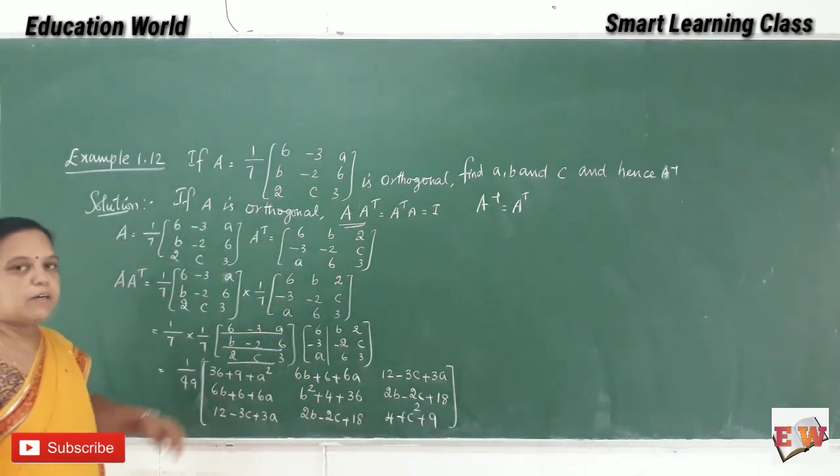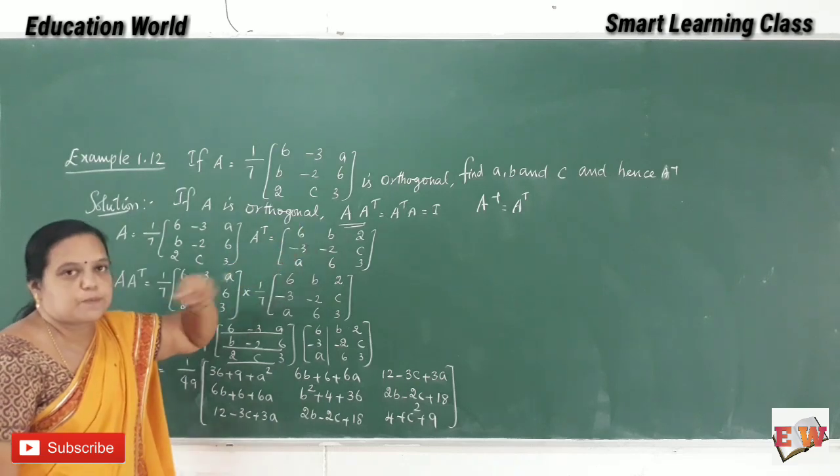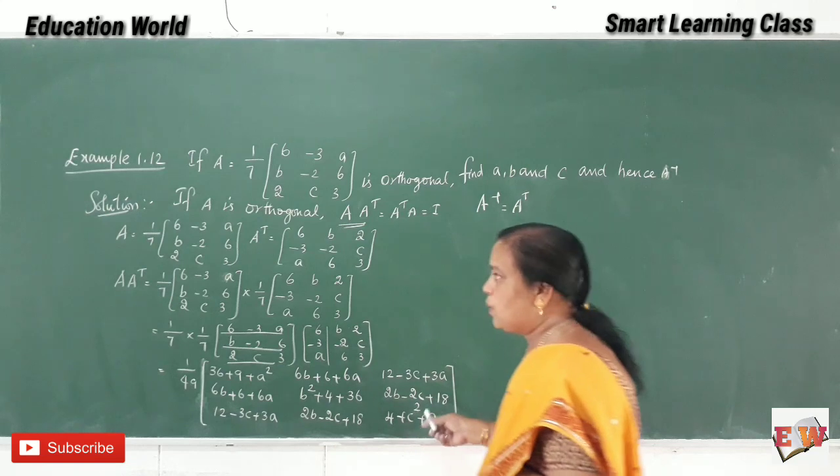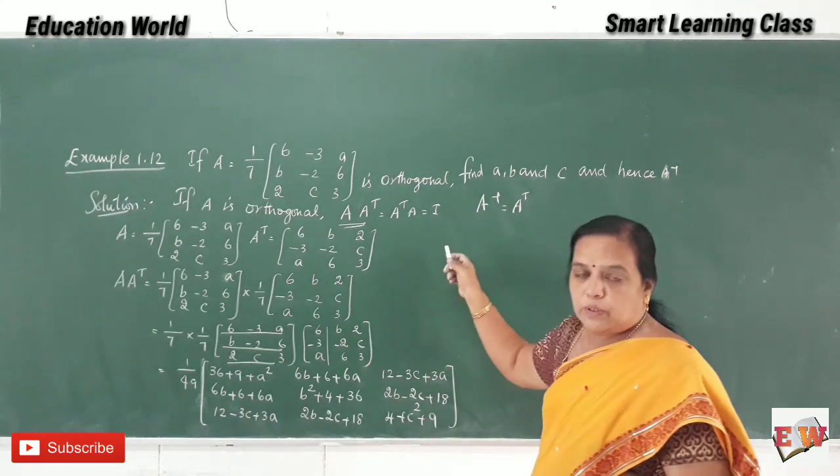By definition, A A transpose is equal to I. So this value is equal to I, which is also a 3 by 3 matrix.